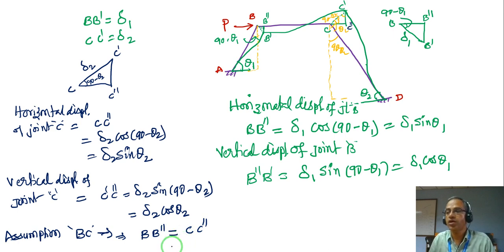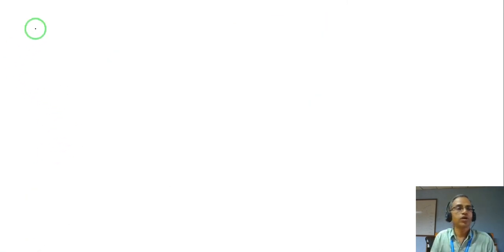So delta 1 sin theta 1 is equal to delta 2 sin theta 2.